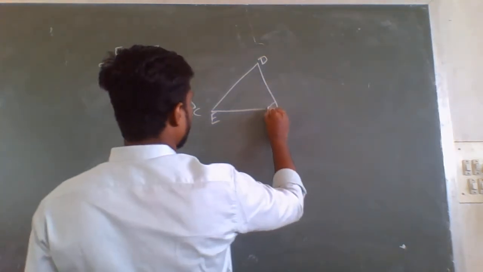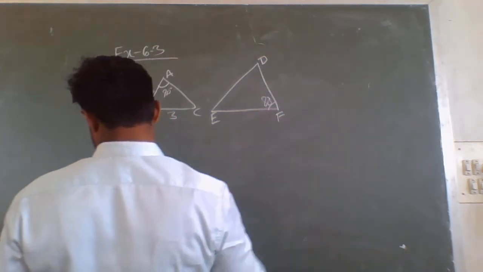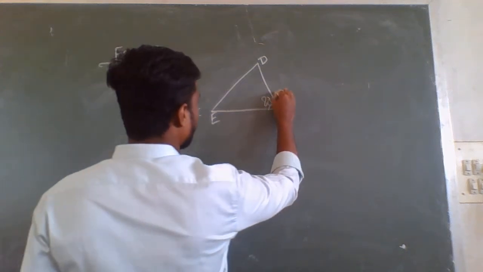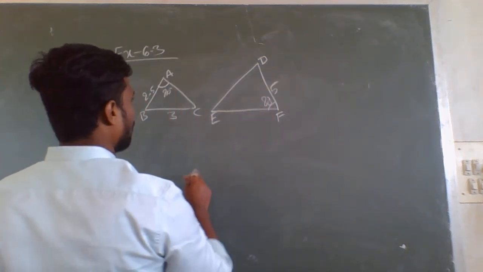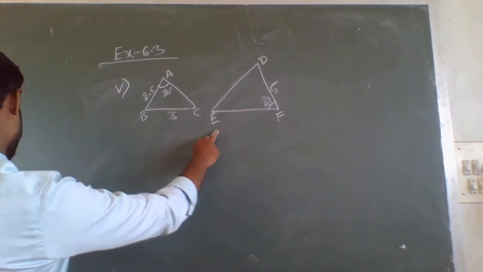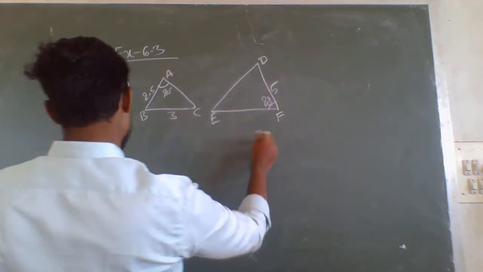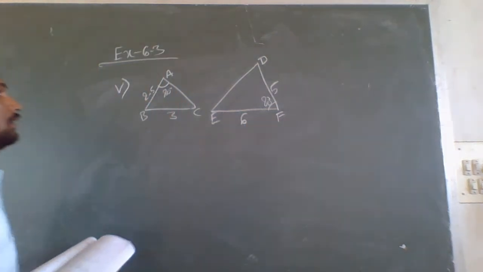Here angle F is 80 degrees, DF is 5 centimeters, and side EF is 6 centimeters.